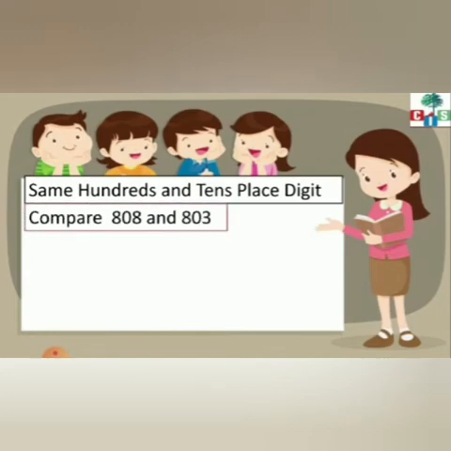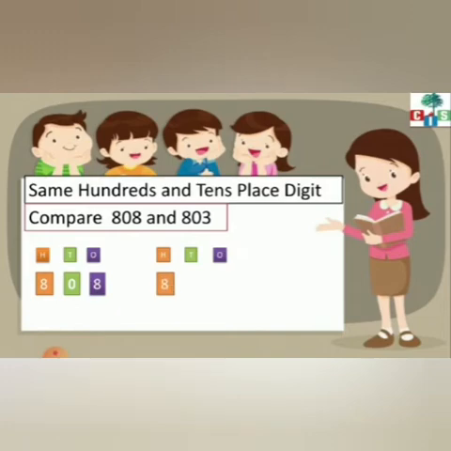Let's see one more example. Compare 808 and 803. So let's start. Place values: hundreds, tens and ones. 800, 0 tens, 8 ones. Again I will write the place values: 800, 0 tens, 3 ones. Now let's compare. 8 is at the hundreds place, and here also 8 is at the hundreds place.